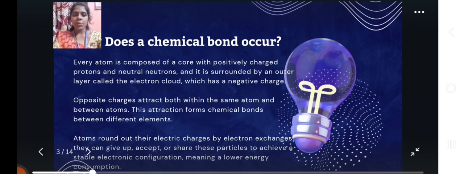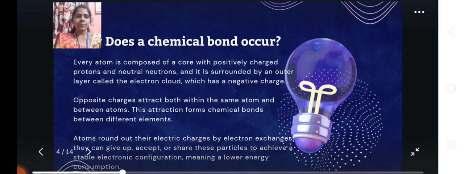The attraction forms chemical bonds between different elements. Atoms round out their electric charges by electron exchanges. They can give up, accept, or share these particles to achieve a stable electronic configuration, meaning a lower energy consumption.